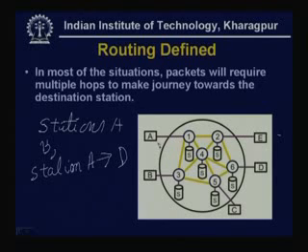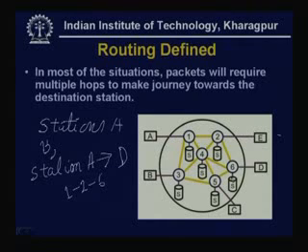So, as you can see, from A it can go via several nodes. Say it can go via node 1, then to node 2, then to node 6. In this way, the packet from station A can go to station D.